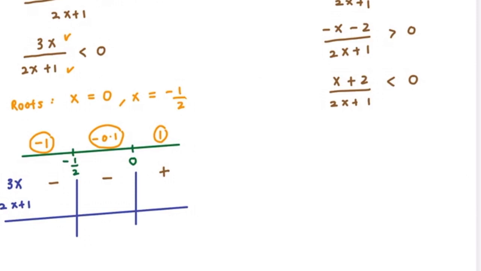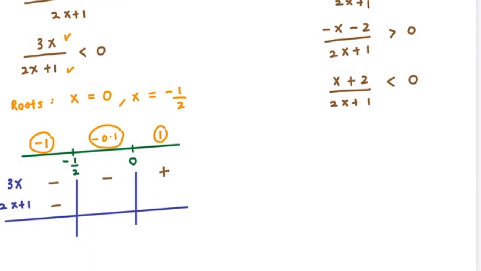Okay. Same goes to the second factored form. Substitute negative 1 into 2x plus 1. If you substitute here, you will have a negative or positive value. Just press your calculator, 2 times negative 1 plus 1. So you will have a negative answer. So put negative here. And then substitute negative 0.1 into the second factored form.